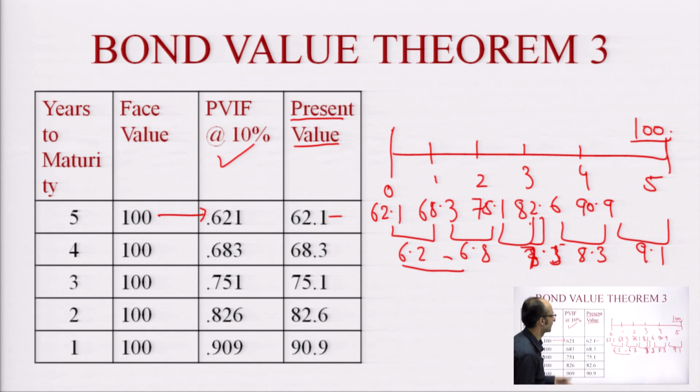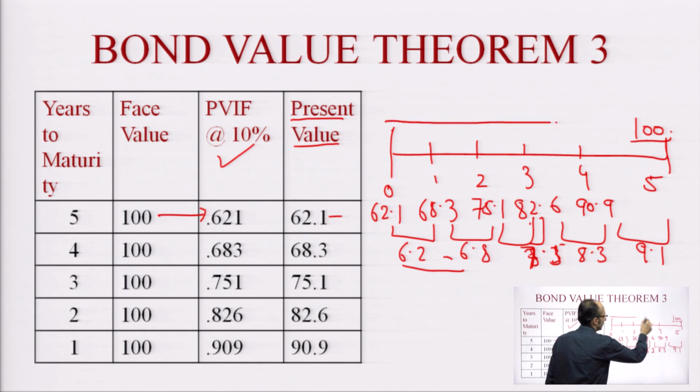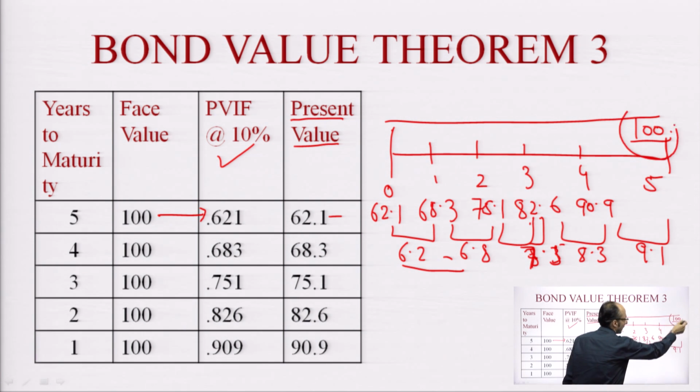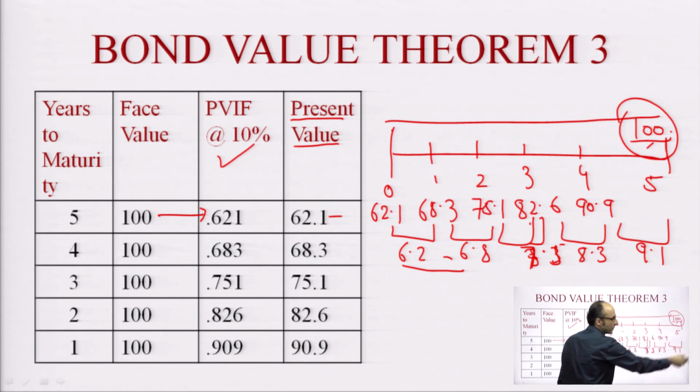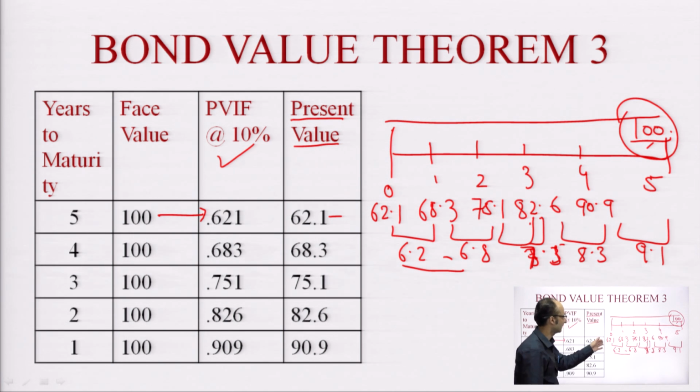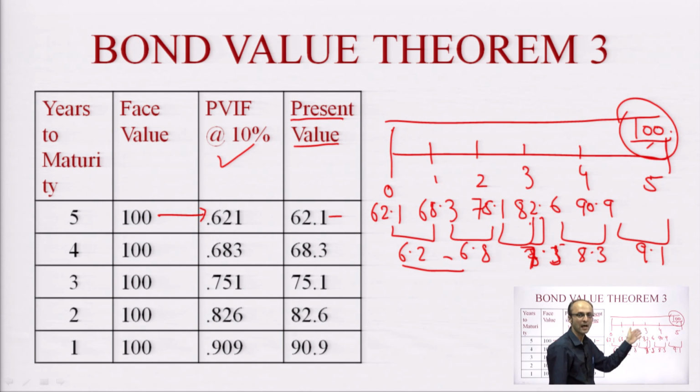We can clearly see here the lifetime of the bond, and as we approach the maturity of the bond, you will get the maturity value of 100. At the starting, it was available at a discounted price of 62, in the first year 68, 75, 82, 90 and so on.